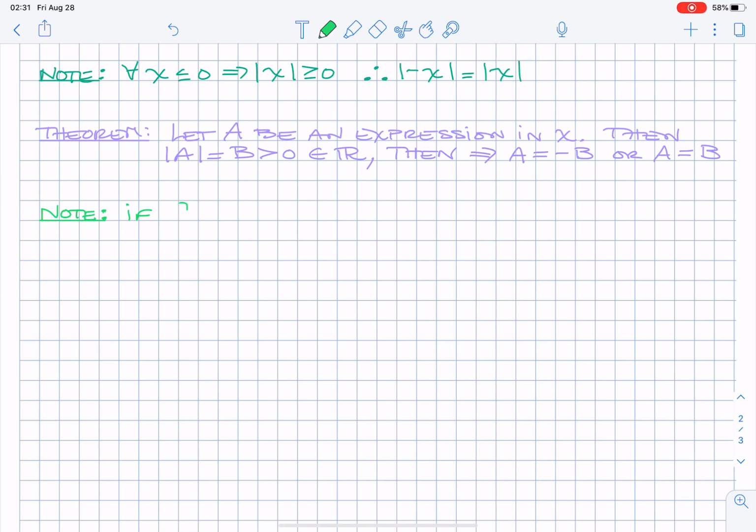If f of x is equal to some absolute value of an expression A minus a constant B, we set f of x to 0 to solve for x.